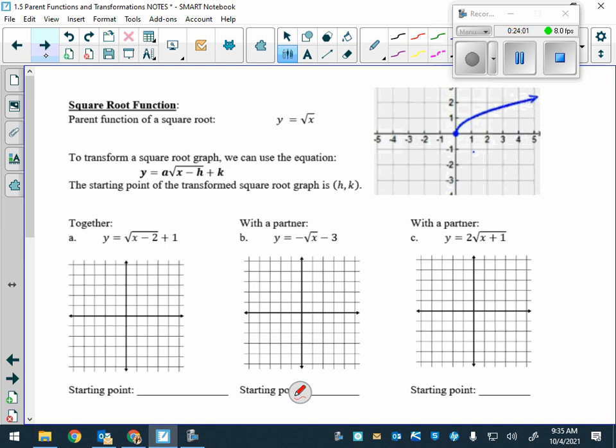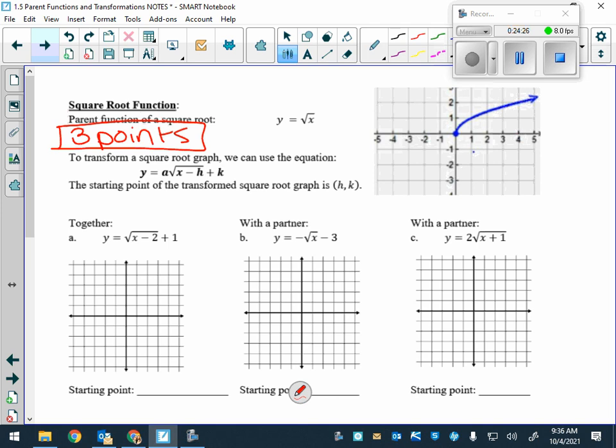And the last function is our square root. Okay? This, primarily, you probably can only get the 3 points. 3 points graphed for square root functions. And it's only the positive values, 0, 1, and 4.